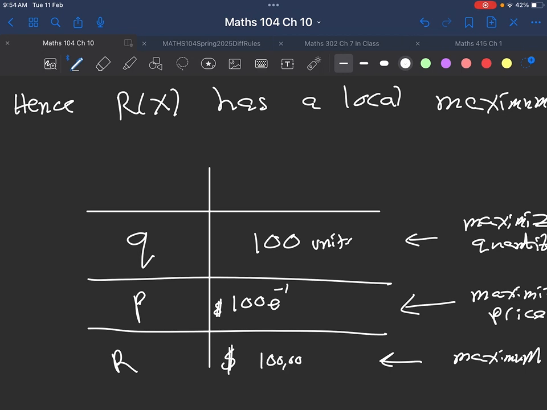So this will be $10,000 times E. Now, if we just find it using the calculator, this will be approximately 36.79.